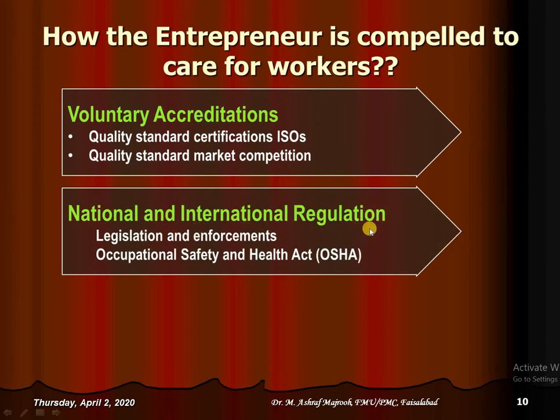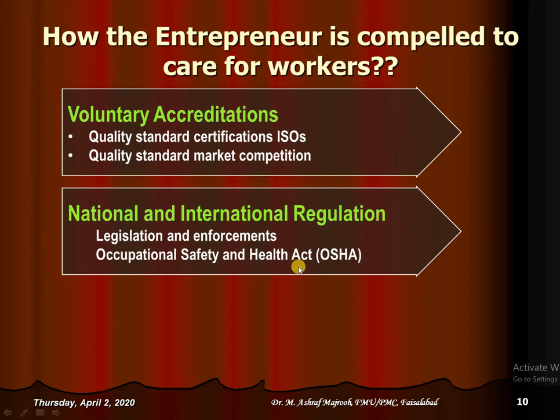And national and international regulations, there are so many national and international laws promulgated by the government, like in Pakistan, the Industrial Act and the Environmental Act and the Factory Act. All these acts are related to the protection of the health of workers. The legislation and enforcement compel the industrial owner to take care of the workers.